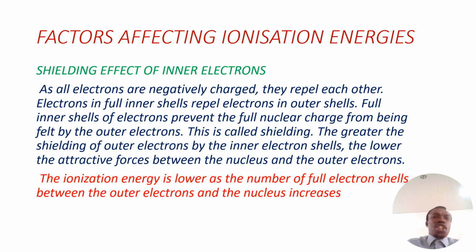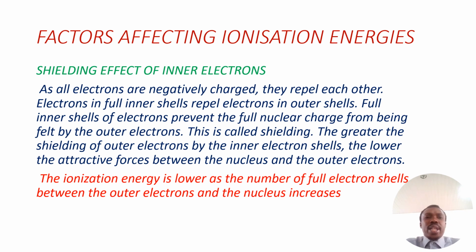The next one is the shielding effect of inner electrons. The inner electrons shield the outer electrons from the effect of the nuclear charge, because there's a greater attraction from the nucleus. As all electrons are negatively charged, they repel each other. Electrons in the inner shells repel electrons in outer shells.